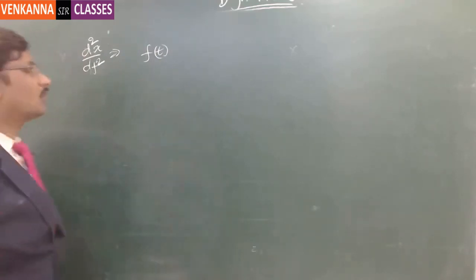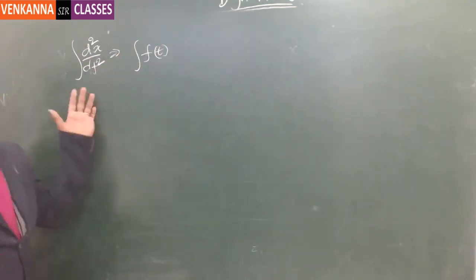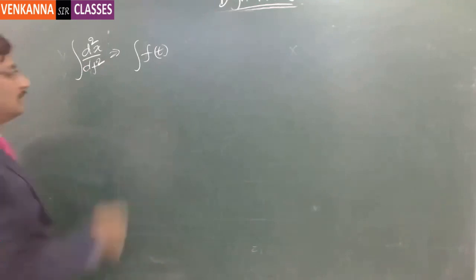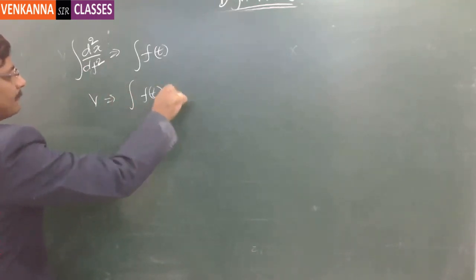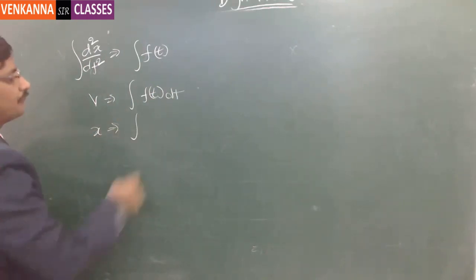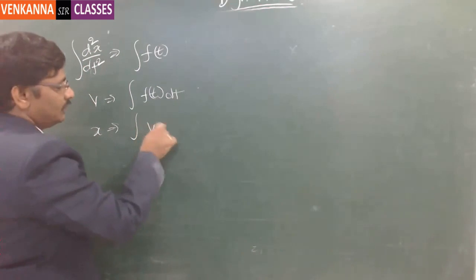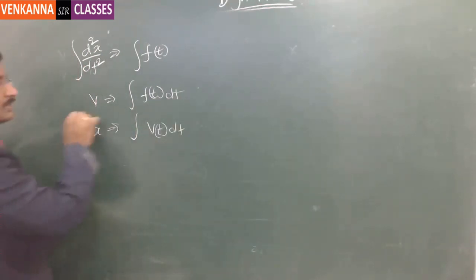So this we are going to analyze with the normal calculus by integrating. Once you integrate it, we are going to get the velocity. So velocity v is equal to integral f of t dt, and displacement x is equal to, whatever you are going to get, this v is a function of time. So this is the velocity and acceleration.